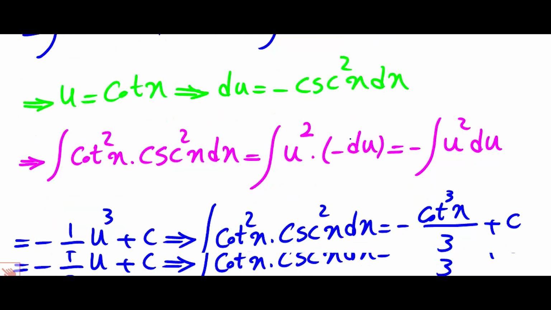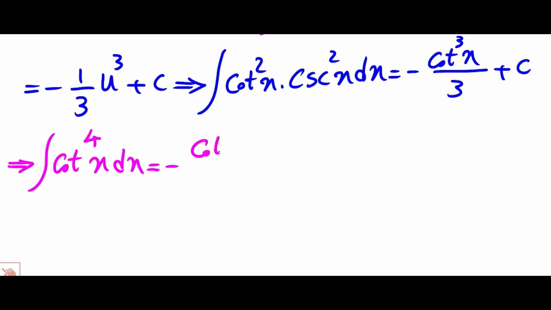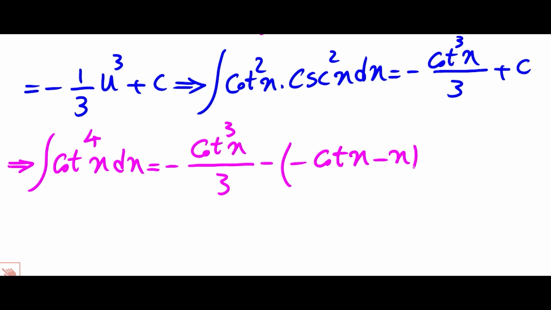So the final answer: the integral of cotangent to the fourth x dx equals negative cotangent cubed x over 3 minus, negative cotangent x minus x, plus c.